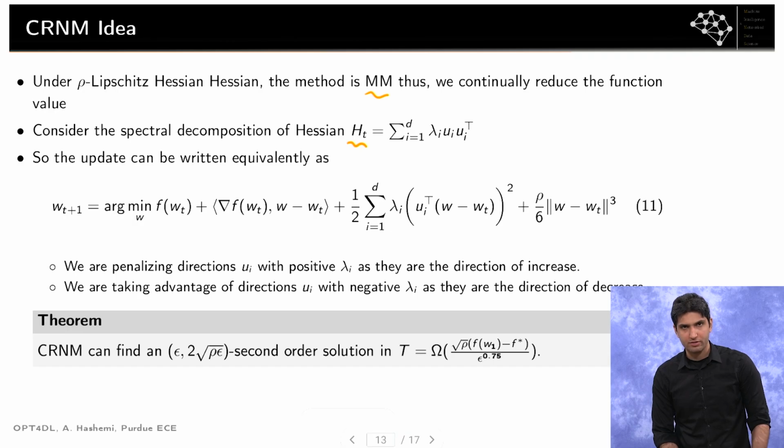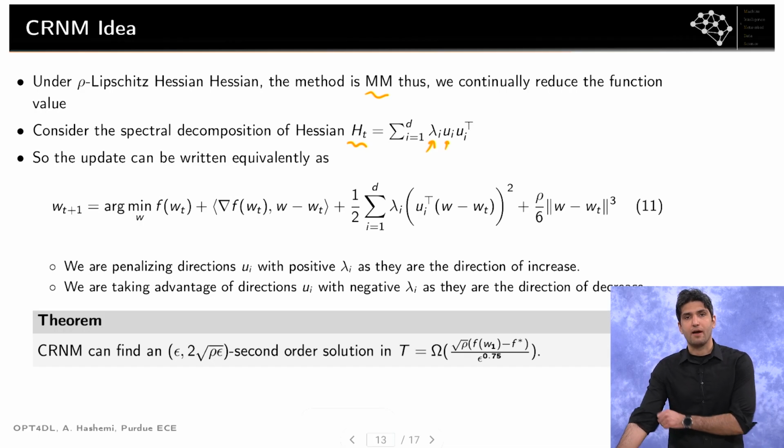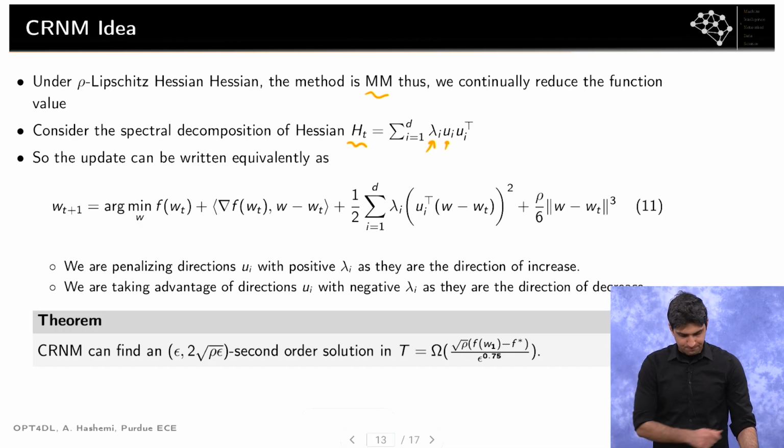For any symmetric matrix like the Hessian, we can write it as the sum of eigenvalues times the outer product of the eigenvector with itself, so lambda_i times u_i u_i transpose. Again, lambda_i is an eigenvalue. It could be negative, could be positive. It is real because the Hessian is symmetric. And u_i is the eigenvector.